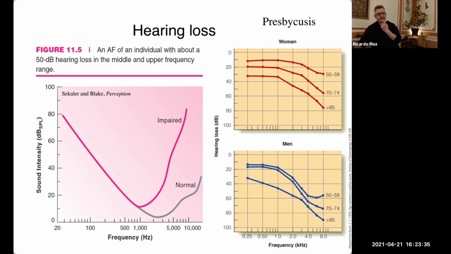So what we can see is that women start above 50 years old, 50 to 60 years old, to lose hearing, 10 decibels for all ranges. And for higher ranges, it gets worse. And with age, it gets much worse. And with men, it's even worse. We can see that men lose more, faster, and earlier.